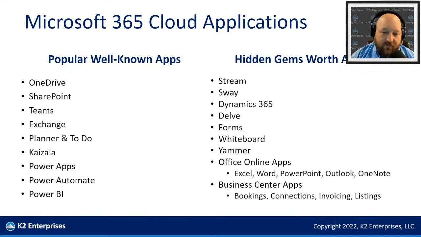Now, apart from the desktop app, there are also a ton of other services you could consider using as well. There are tools like Microsoft OneDrive for file storage and management for your personal stuff. There's SharePoint, which is going to be for team and business stuff. Teams, which is the tool we'll talk about here in a minute for communication. There's Microsoft Exchange for email and shared calendaring.